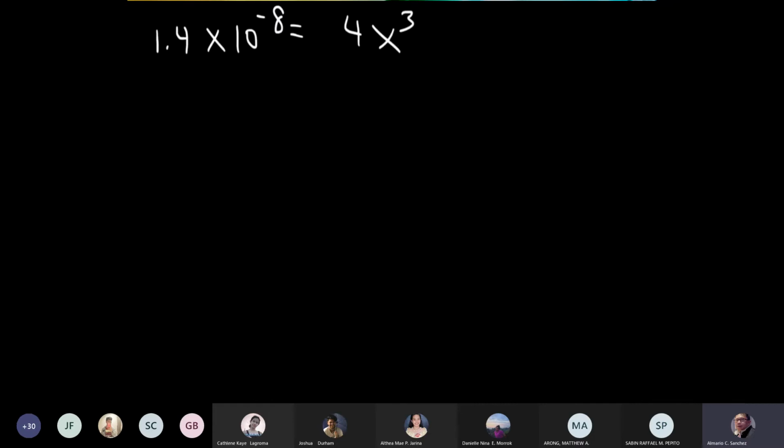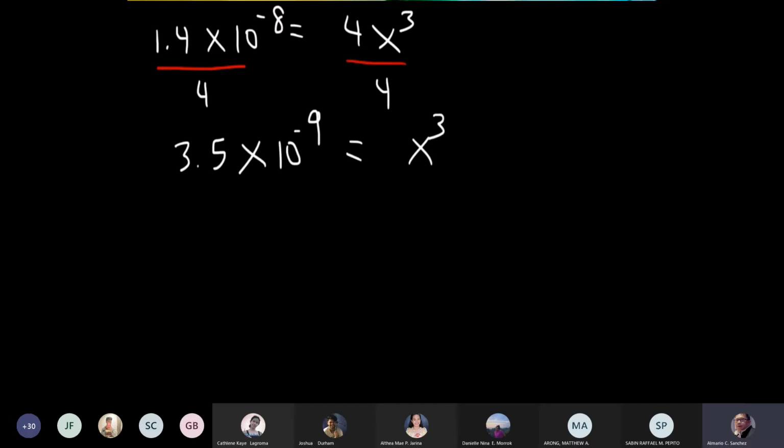So what I'm going to do is I'm going to divide both sides by 4 initially. 1.4 times 10 to the negative 8 divided by 4, that's 3.5 times 10 to the negative 9, and that's equal to X cubed. Now the next thing that you want to do is you want to raise both sides to the 1/3 power based on the number you see here. So raise it to the reciprocal of that value.